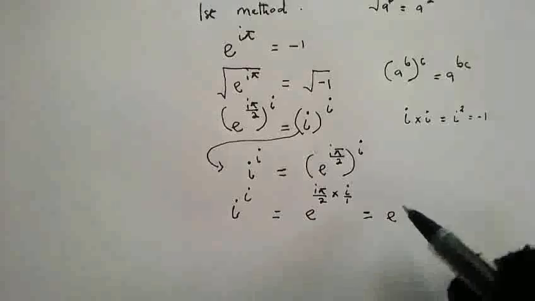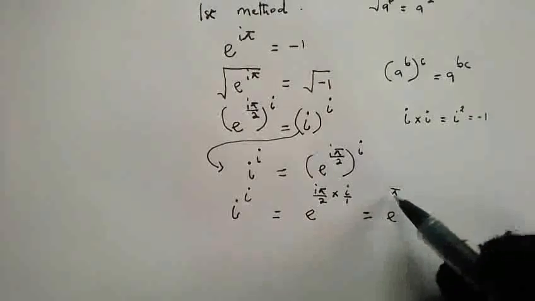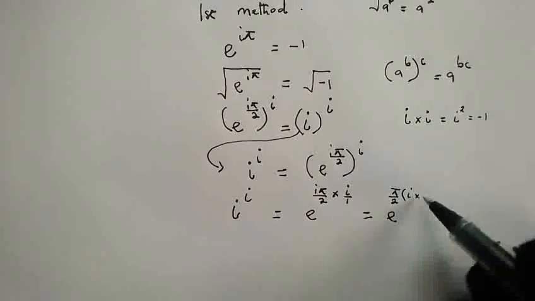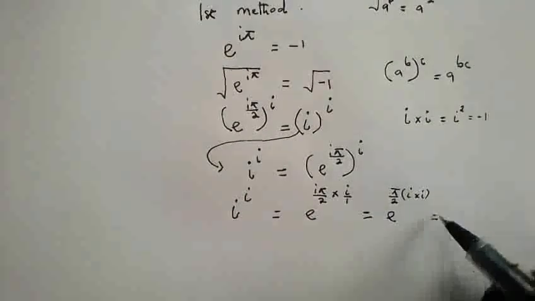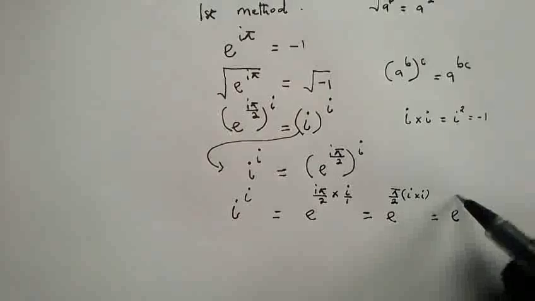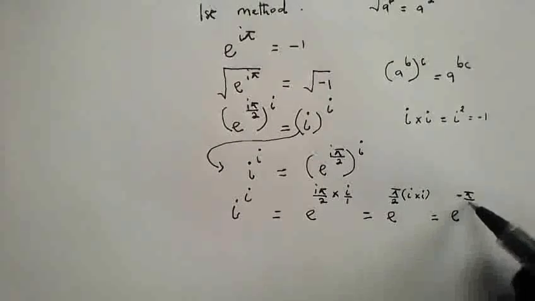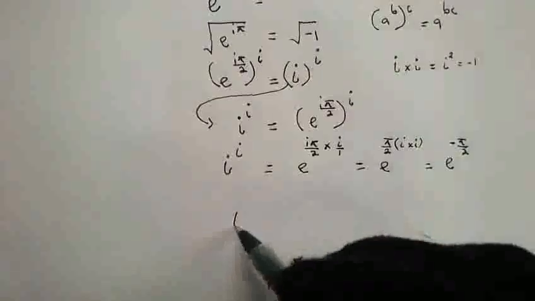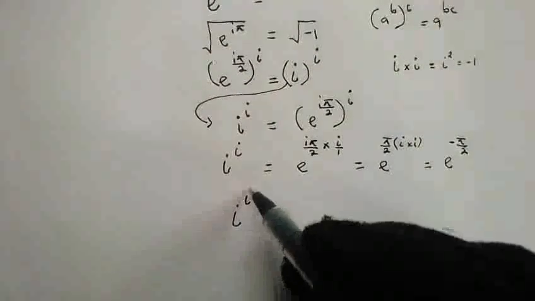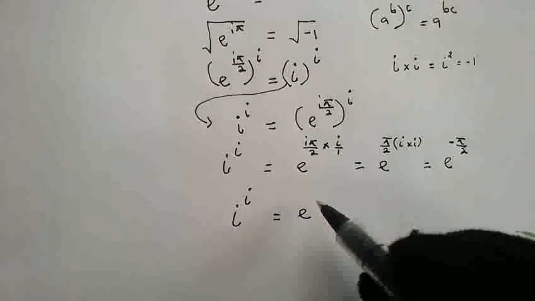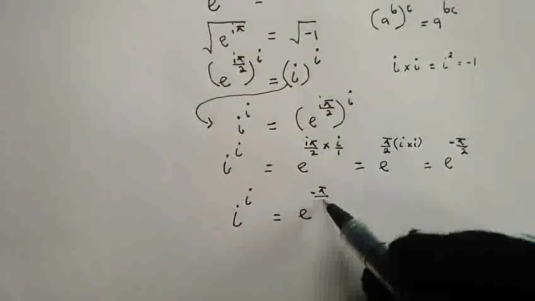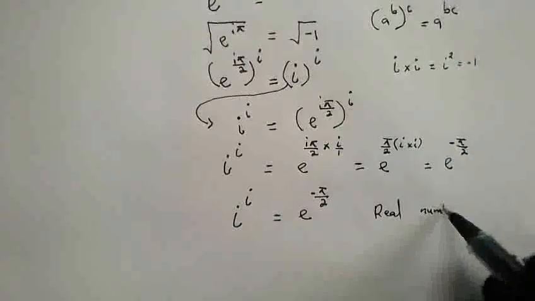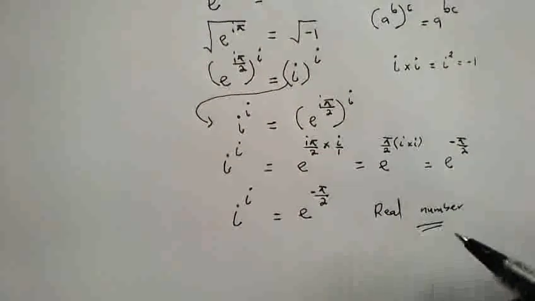So here I have first pi over 2, then in brackets I times I. Simplifying this, I got e raised to -pi all over 2. Wow, that makes sense. So I say that I raised to I is equal to e raised to -pi all over 2, and this is a real number. Wow, this is interesting.